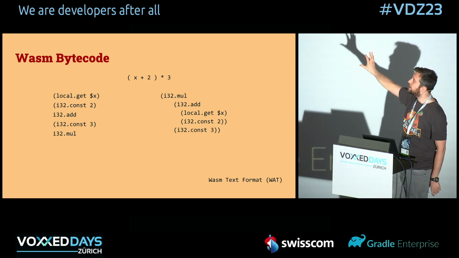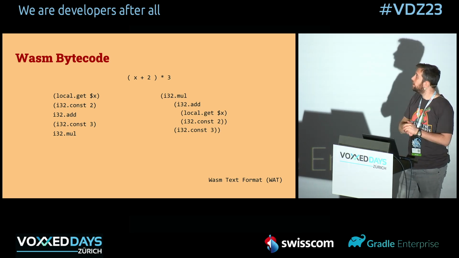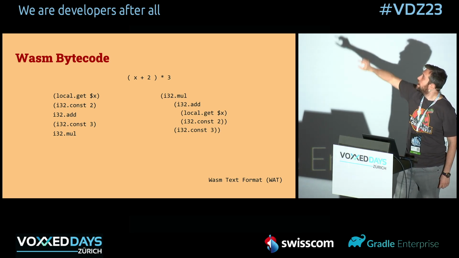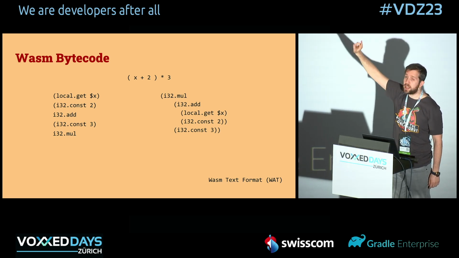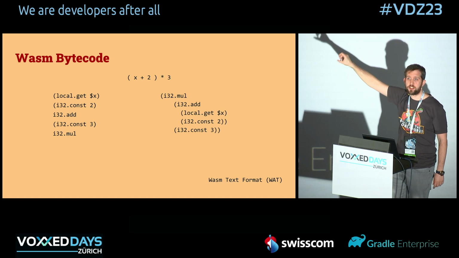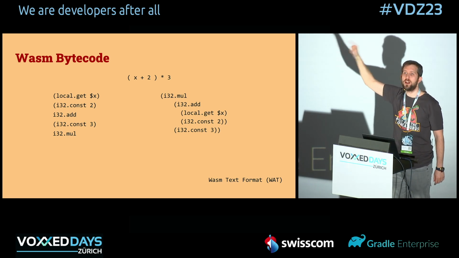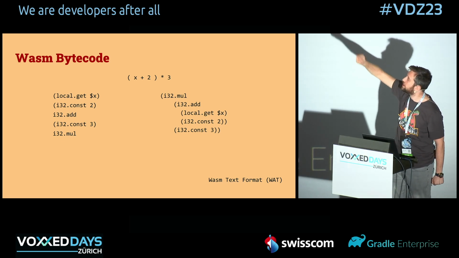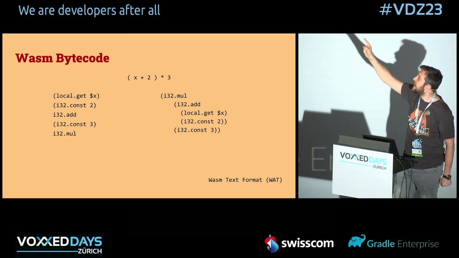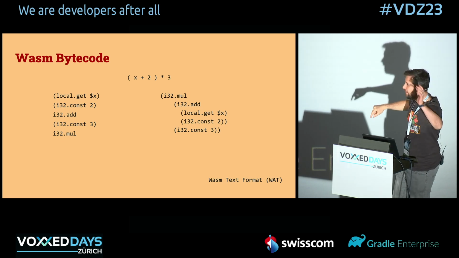So you start from the innermost expression and then you go outside. You get x, which is 3, and that expression returns 3. Then you define the constant 2, and that expression returns 2. And then you go to the outer expression, which is add, which adds 3 and 2, which gives 5.